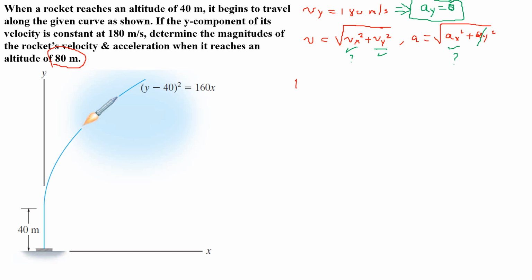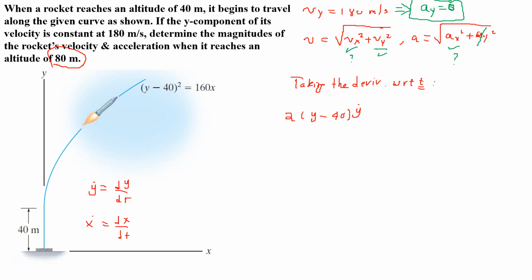Taking the derivative with respect to time, I will have 2(y - 40). Now taking the derivative of what is between the brackets will be simply y dot, or dy over dt. So I'm going to use this notation: y dot is dy over dt, and the same goes for x dot, dx over dt.